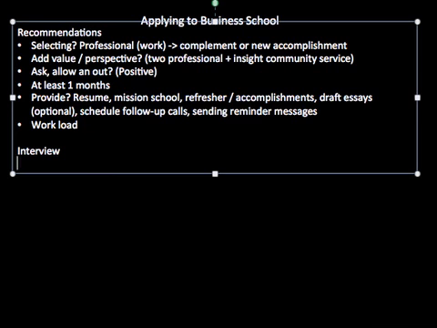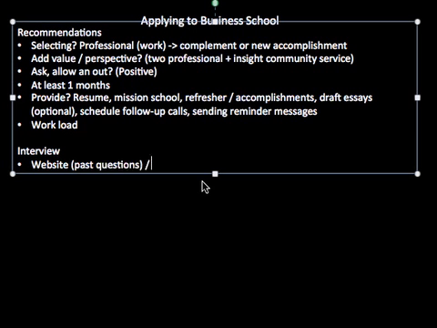So the second portion, we talk about the interview. So you may say, okay, how can I prepare for the interview? The first thing I would do is go to the website and see if they have past questions.